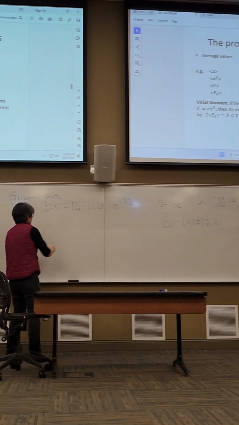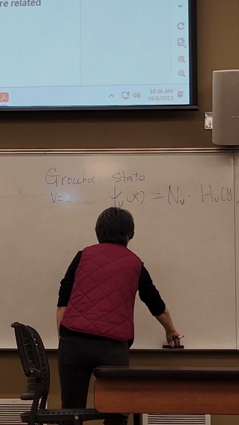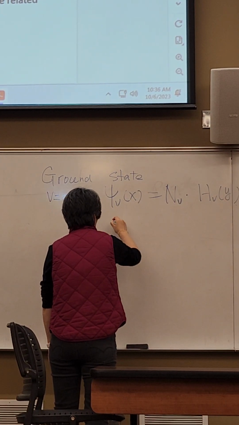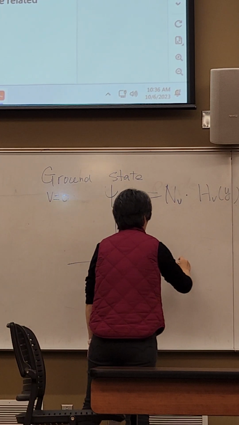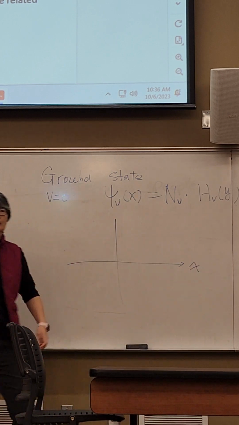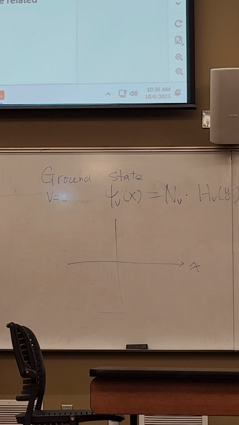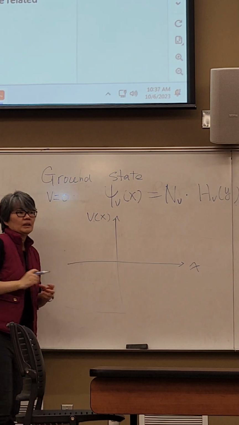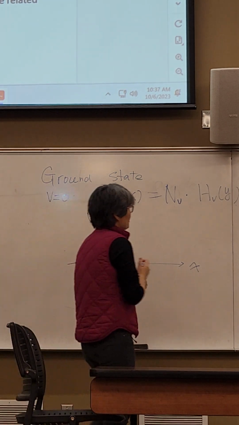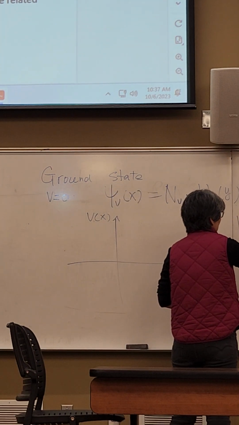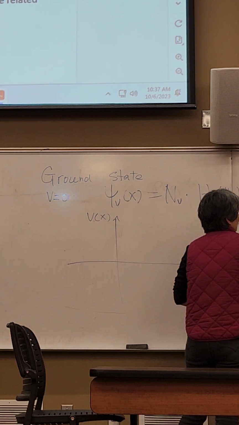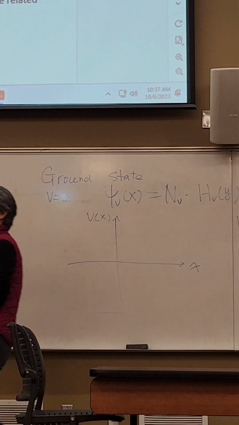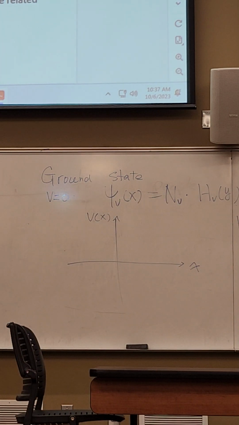So you have axes. Your x-axis, and the y-axis is your potential energy, and the mathematical function is the potential V equals 1/2 k x squared.